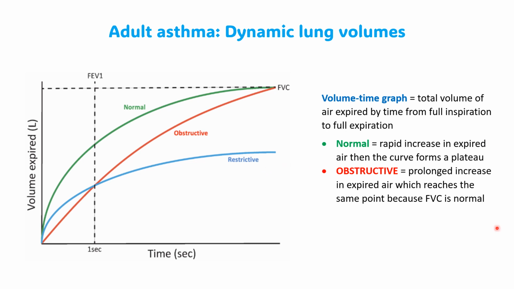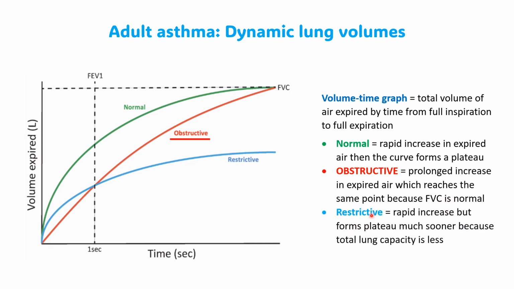In obstructive lung disease, the lungs are more compliant, and there's an increased total lung capacity, residual volume and functional residual capacity. Total lung capacity and residual volume are static lung volumes. There's also an increase in expiratory reserve volume and a decrease in inspiratory reserve volume.